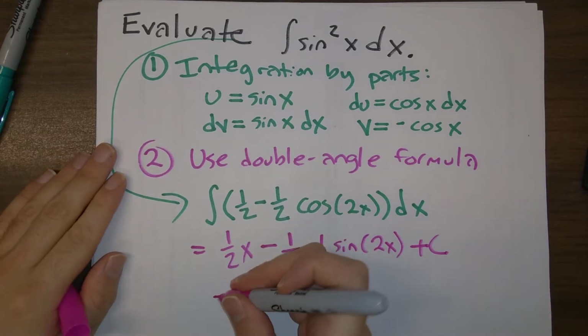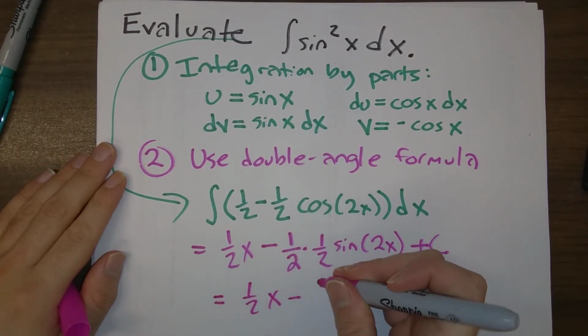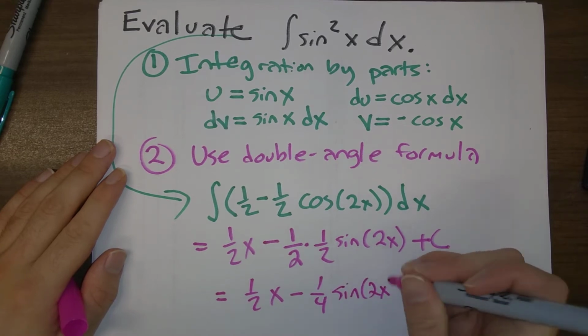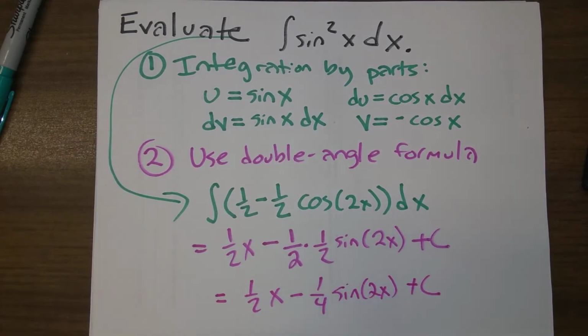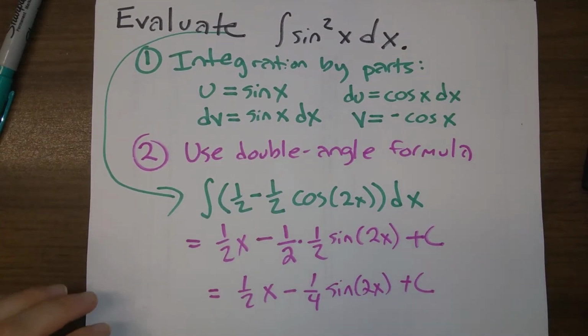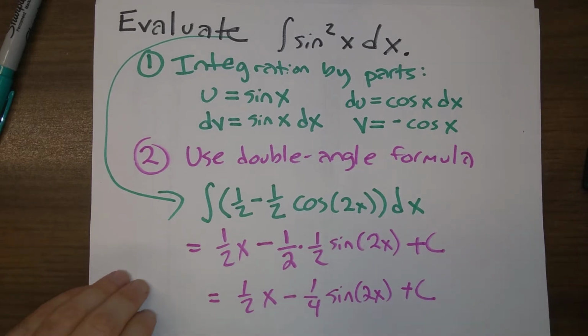Of course, we can combine it a smidge: 1/2 x minus 1/4 sine of 2x plus c. And this would be a very easy one to check. Okay, so that is the antiderivative of sine squared.